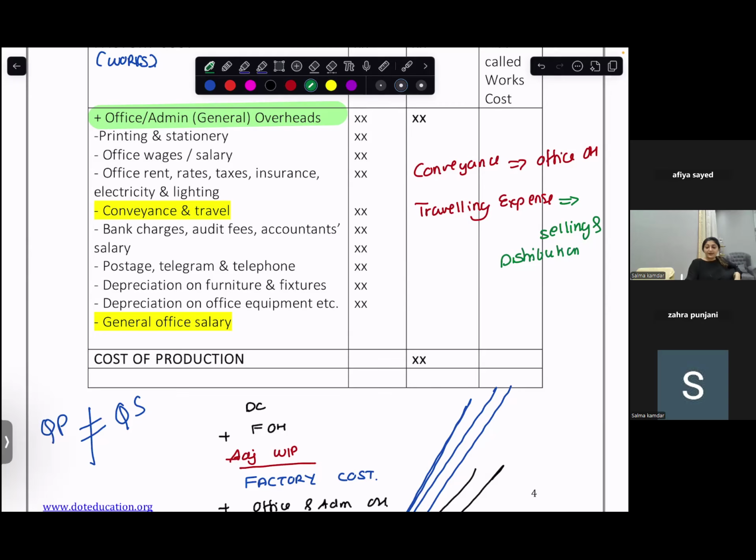I will give you time to write this, but I want to make it clear that whatever I have highlighted are the places where people get confused. Are you with me? If only travel comes, then selling.